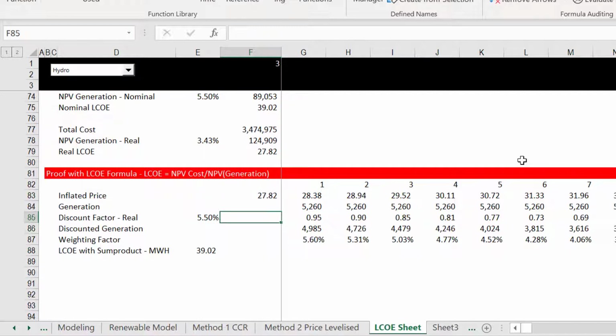Then you put in the generation, and this time you use the nominal discount factor, even though I said real. I'm fixing it to nominal. Then you get the discounted value of the generation, and you put a weighting in here. That's enough. That's a review.